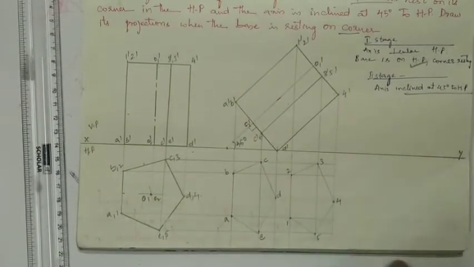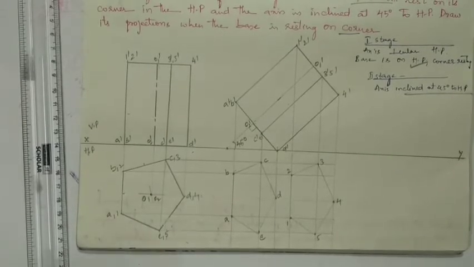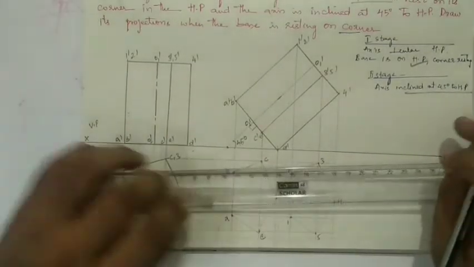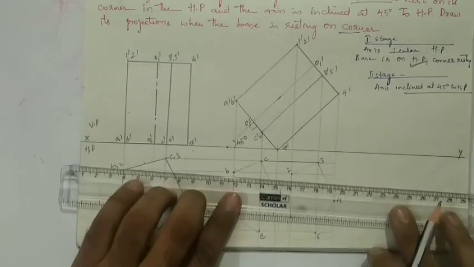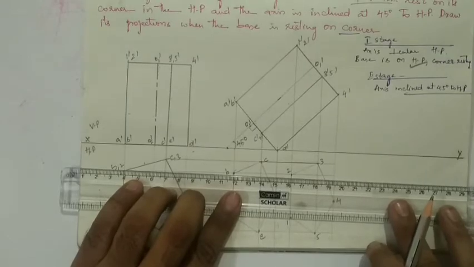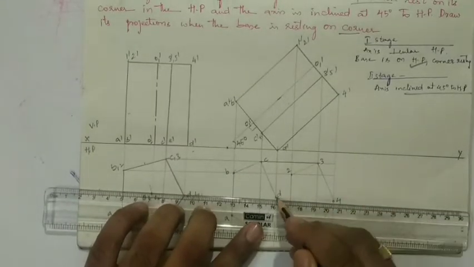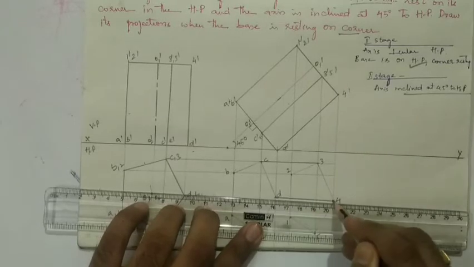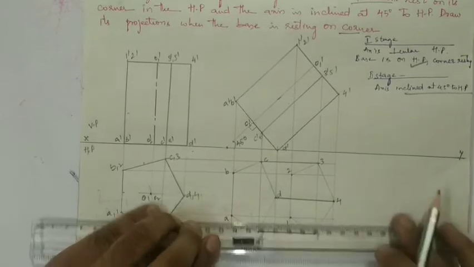First we need to identify and draw the basic outline. What we did in the previous problem, the same manner. So the visible edges we need to draw. C2, 3. When you see it from the top view, it is visible. The corner, this one is visible.